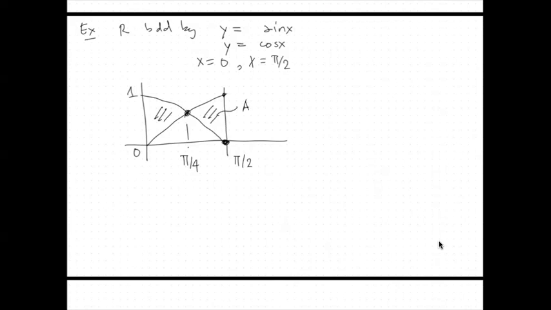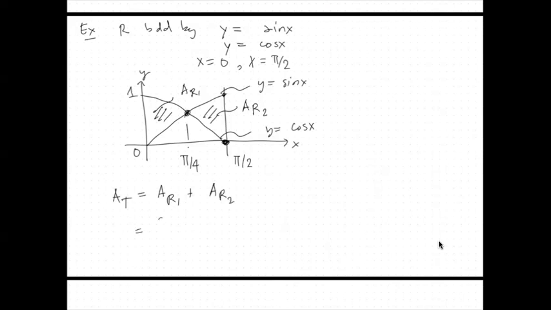Now, this is area region 2, area region 1. This one is y equal to cosine x. This one is y equal to sine x. And then this is your x-axis, your y-axis. Now the total area is just the area of region 1 plus the area of region 2.